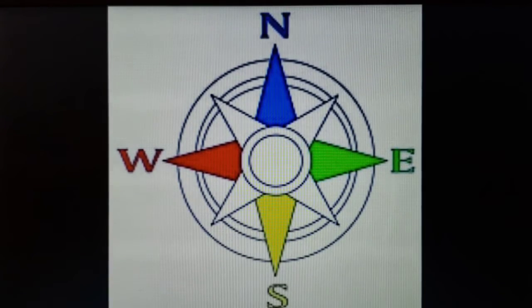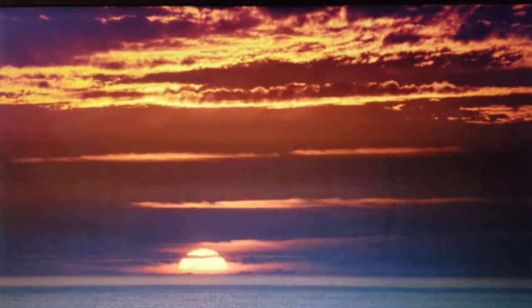So which direction is east, by the way? East is where the sun rises, or when you see in the morning, the direction the sun comes out from, that is where east is. And the opposite direction, which is where the sun sets, that is west. So as you can see, the sun is setting here, so this is west.